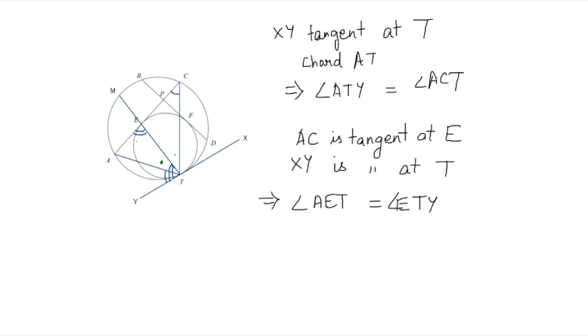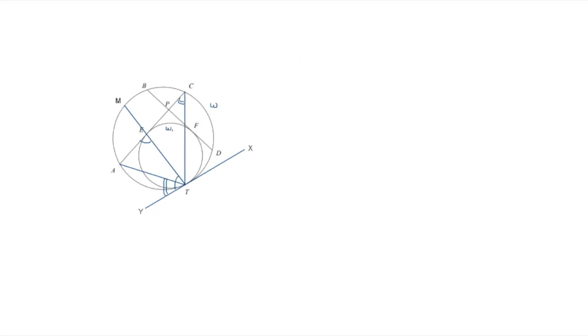All right. So I have these equalities of angles from the previous page. Now I write down this angle ATM, which is the same as angle ATE, which would be the bigger angle ETY minus the angle ATY.